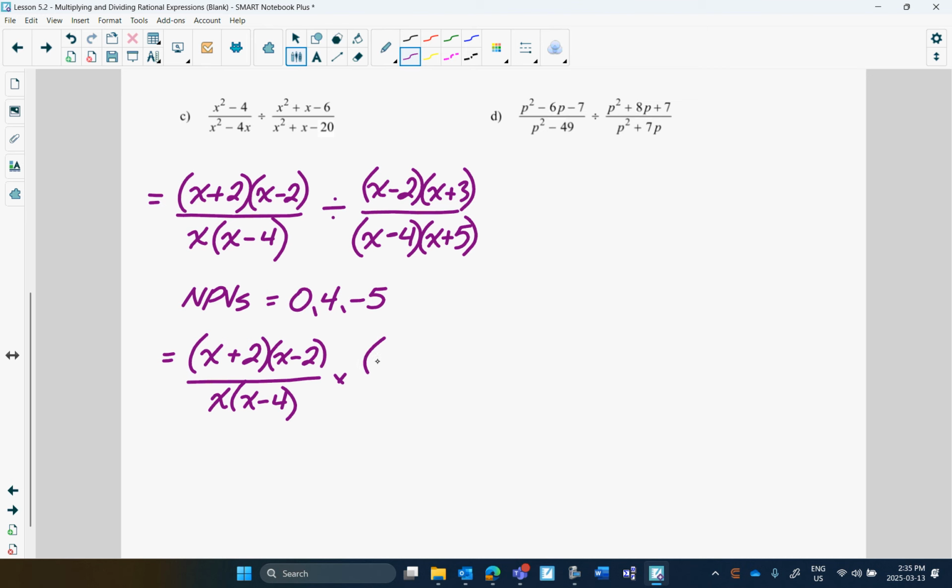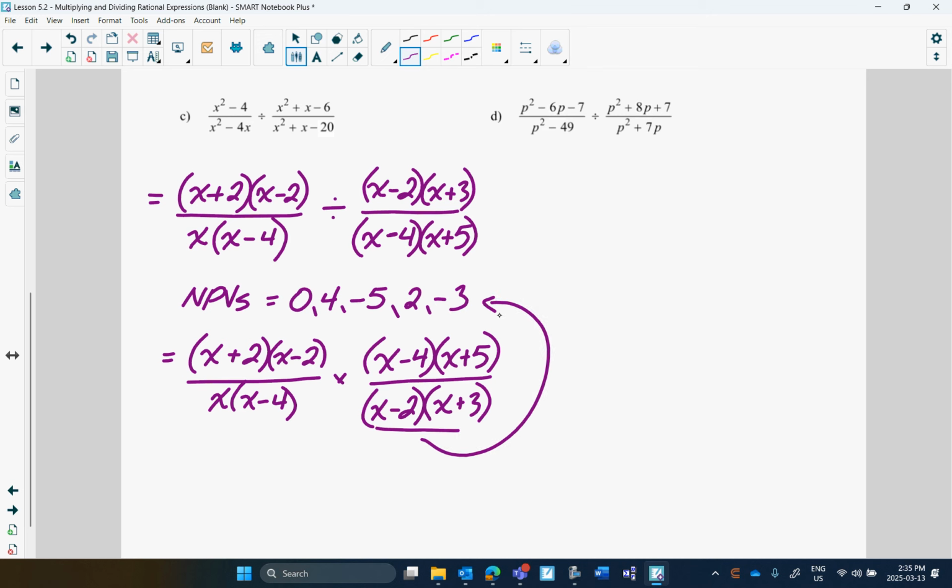So this now goes up top. And the top goes on the bottom. And I gotta do NPVs again. Did any new ones appear? 2 and -3, you can just add them to this list up here. You don't have to write them all over again. You can just add them to the list that you started when it was in division. So we got 5 NPVs in this one.